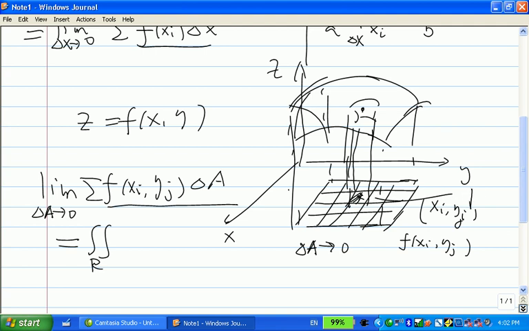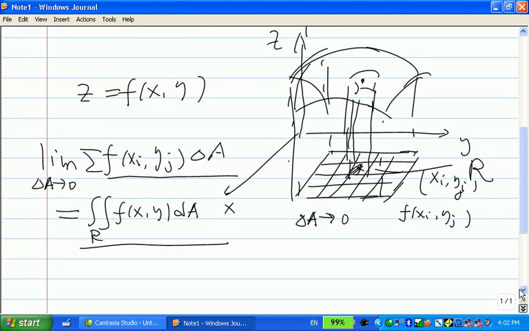the double integral over this rectangle, which we call R: the double integral of f(x, y) dA. The double integral has been defined as the limit of the summation of f(x_i, y_j) delta A. You need to understand this. f(x_i, y_j) times delta A gives you the volume of this rectangular box, and all of them added together give you an approximation for the volume under the surface.